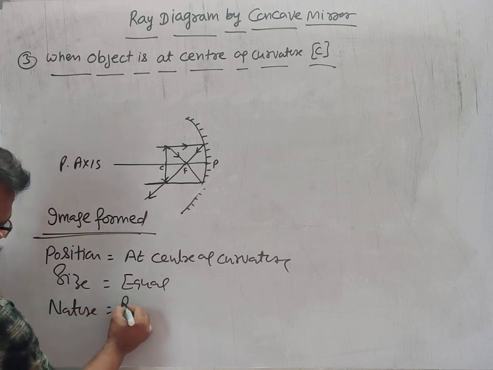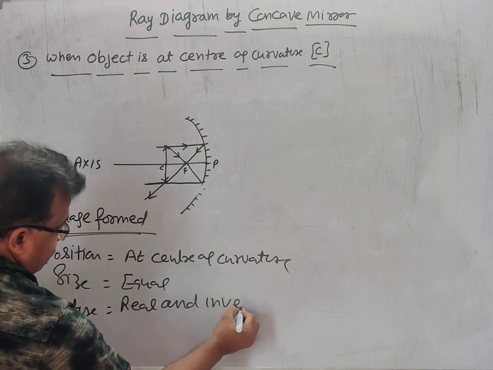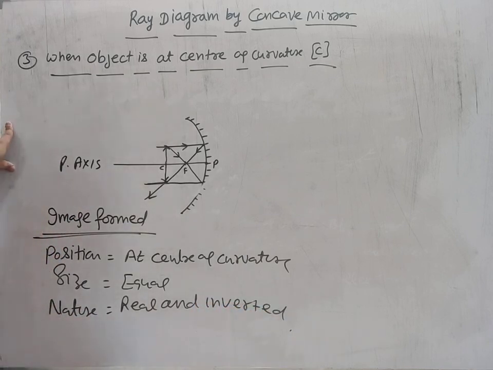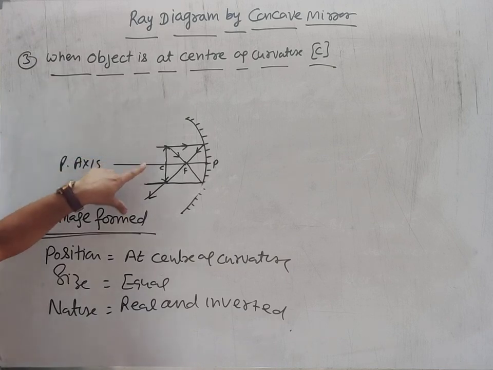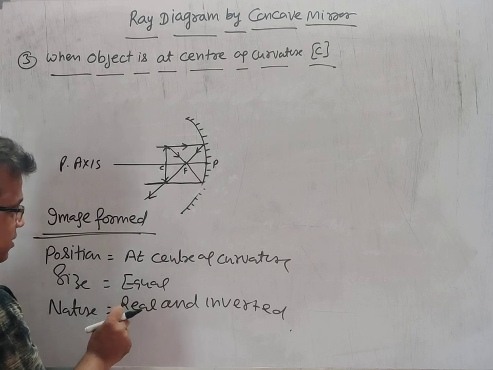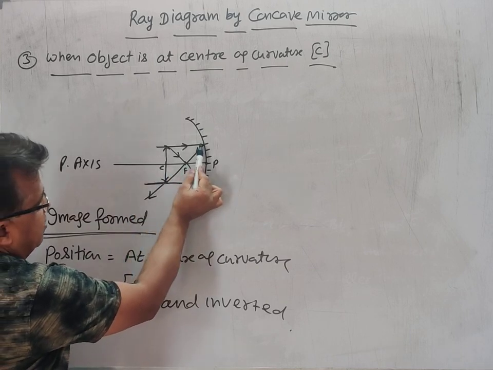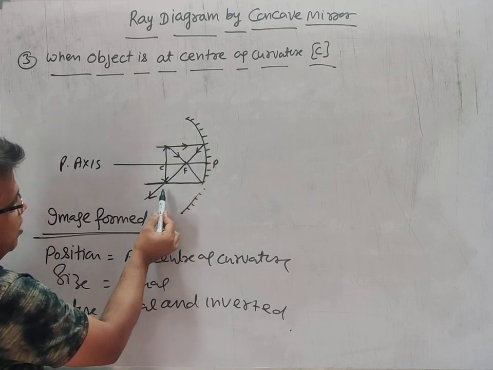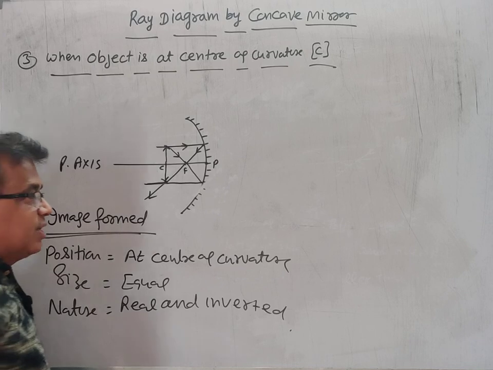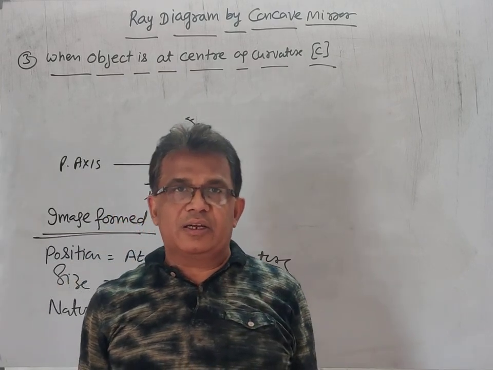Again, as I told, real and inverted. So this is the third ray diagram. When the object is at the center of curvature, the image will be formed at the center of curvature, of the same size, and real and inverted. And as I am telling, the incident ray parallel passes through F, and the ray through F becomes parallel. The remaining ray diagrams and other topics we shall study in the next class. Thank you.